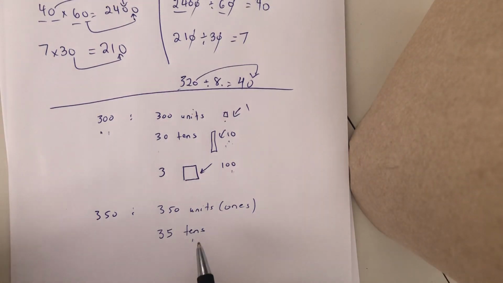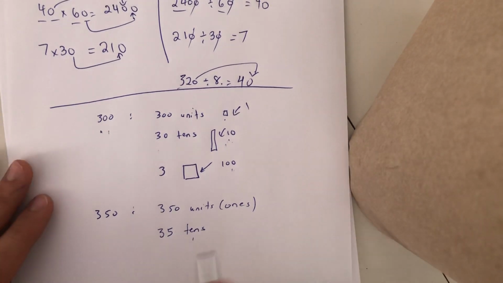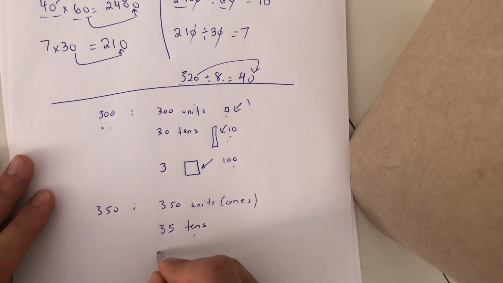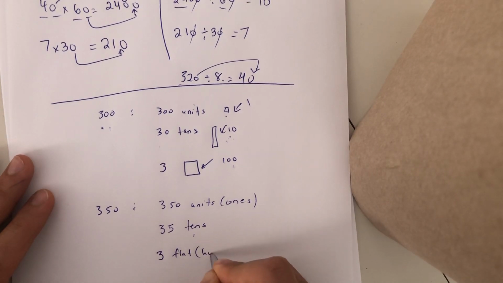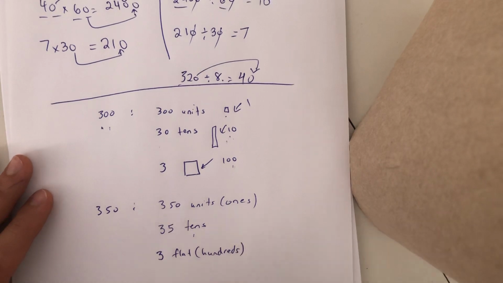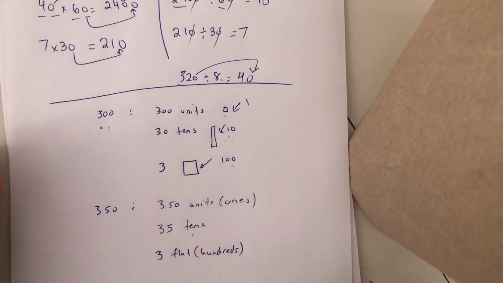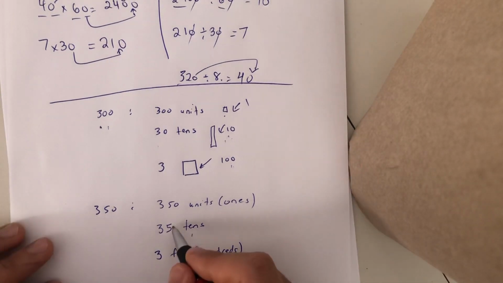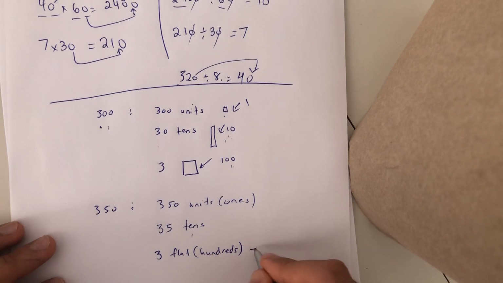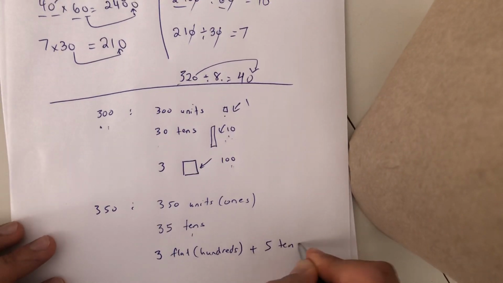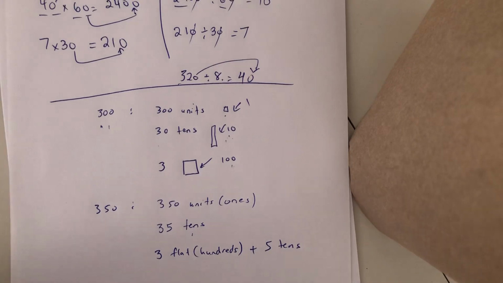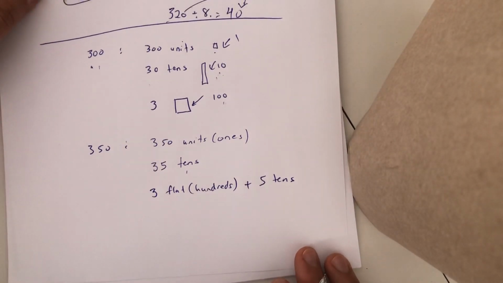So 35 tens is equal to 350. How else can I represent it? I could represent it by using 3 flats or hundreds, and I cannot use another flat. If I do, that would be 400. So I'd have to use 5 tens.